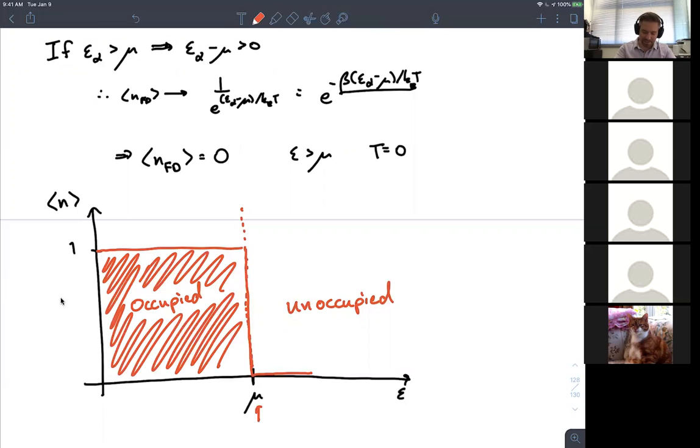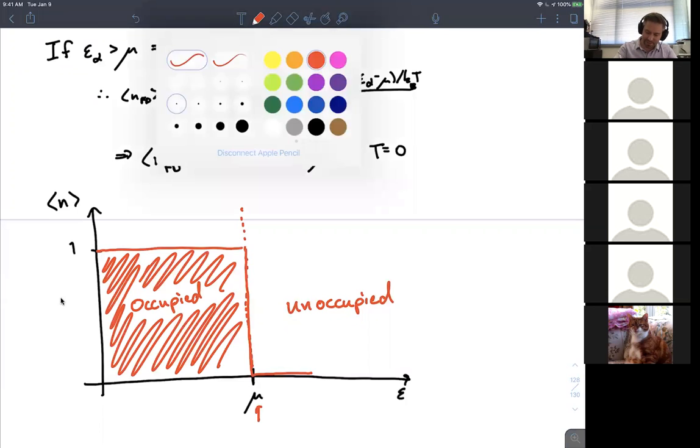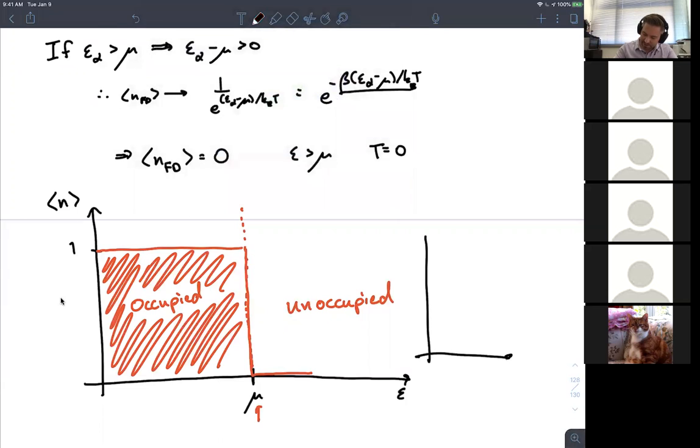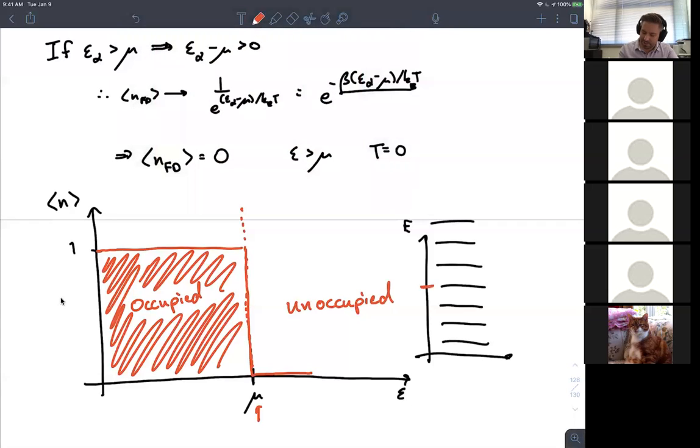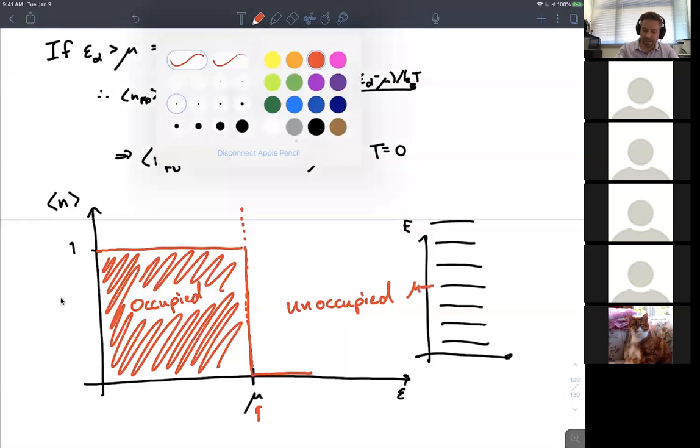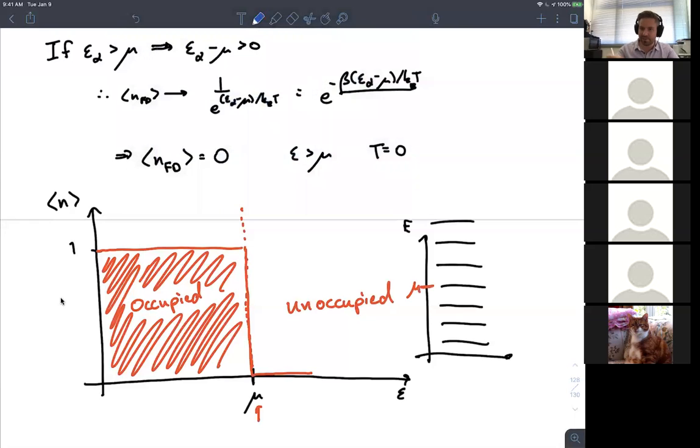So you just keep filling. Again, if we draw our energy levels, and let's say that the Fermi energy, or excuse me, the chemical potential is right here. Then you just start adding particles in and you fill them up from the bottom. So the first particle goes here, the second particle goes here, third one goes here, fourth one goes there.